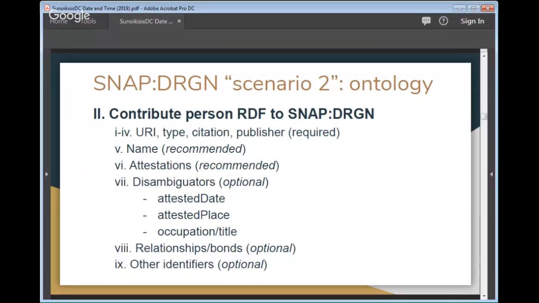But what these data are for is to help disambiguate between these records. As I said, there will be thousands of people called Alexander in the ancient world. Well, there will be hundreds of thousands of people called Alexander in the ancient world, of which we know about at least thousands, maybe tens of thousands.